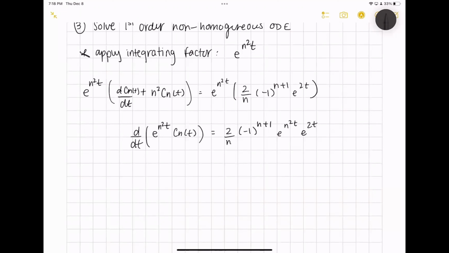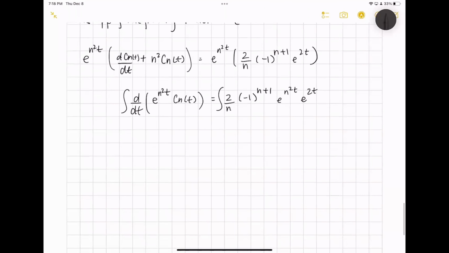All right, so now all we need to do is integrate both sides. And so we can bring this out of the integral.